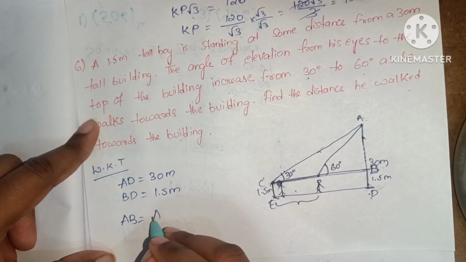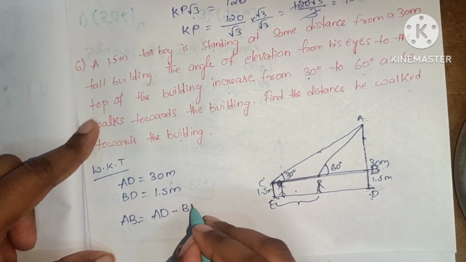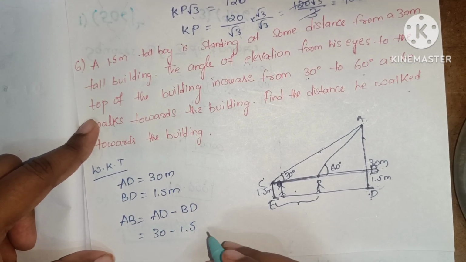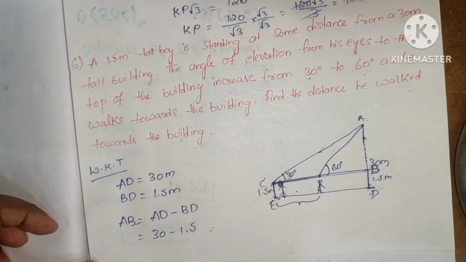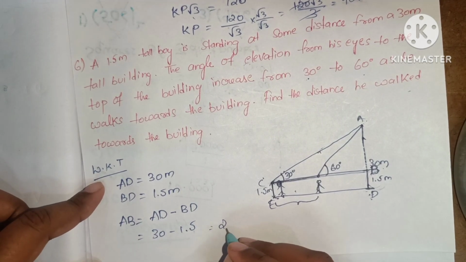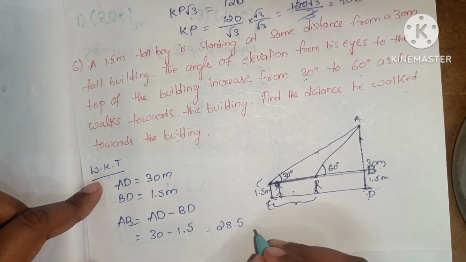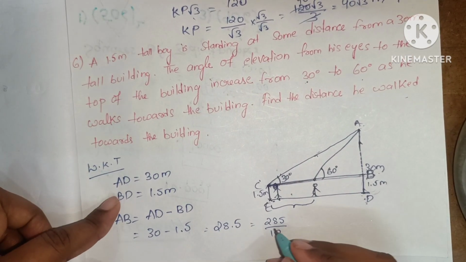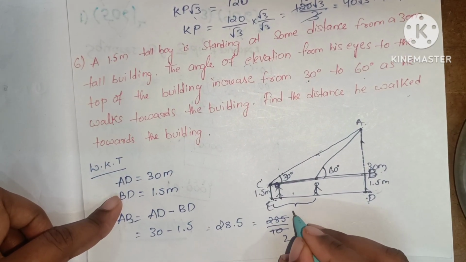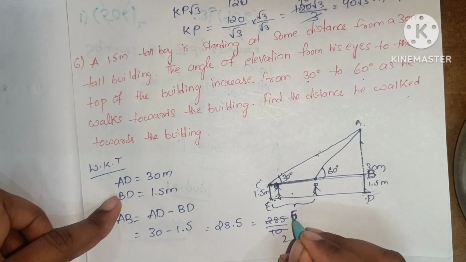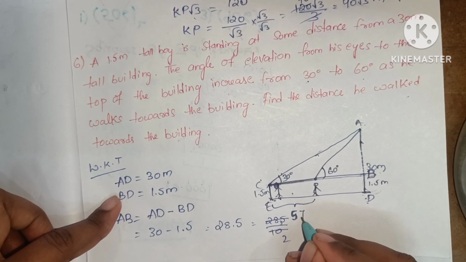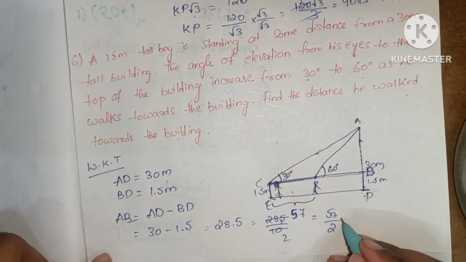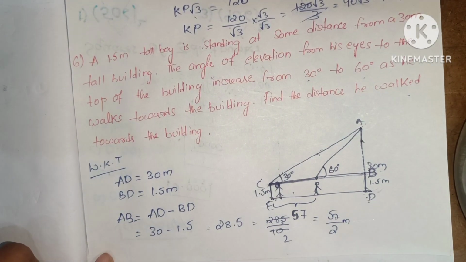AB equals AD minus BD. That means 30 minus 1.5, that means 28.5. So 28.5 means 285 by 10. 5 twos are 10, 5 fours are 20, 5 fives are 25, 57. That means 57 by 2 meters. This distance, the AB distance value.